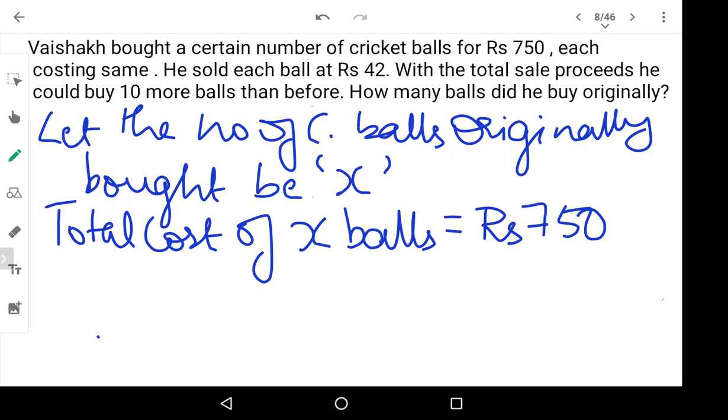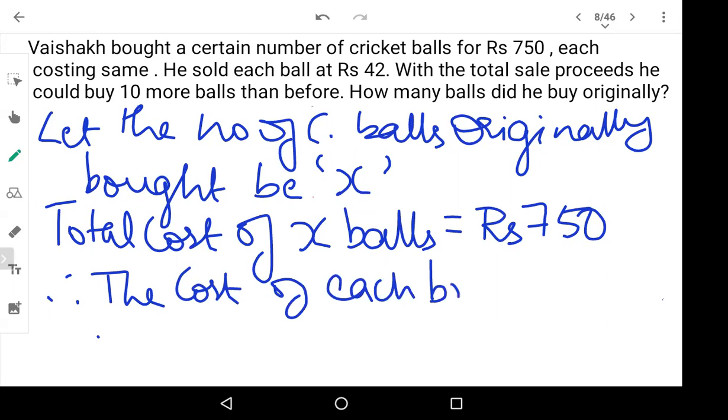So I can say the cost of each ball is equal to total amount divided by number of balls. Yes, that is how we find out the cost of each ball. 750 by x. Here I don't know what x is, so I am writing it as x as it is. Did you all understand till here?